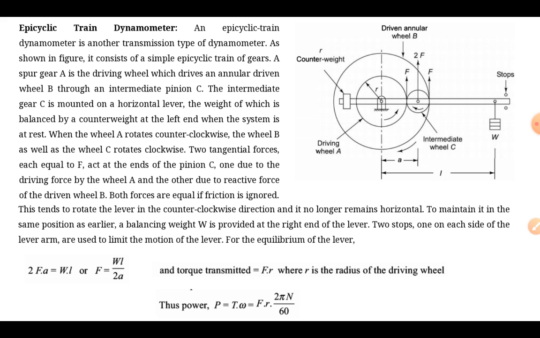In this there is an epicyclic gear train, and first of all there is a driving wheel. This driving wheel is directly connected to the shaft which is transmitting the power, right. So let's assume that this driving wheel is rotating with an angular velocity omega in the anticlockwise direction.